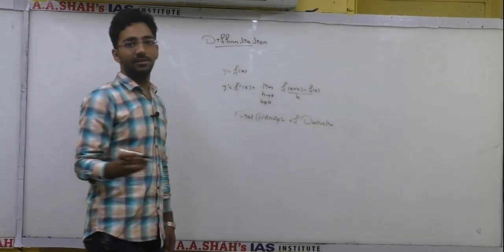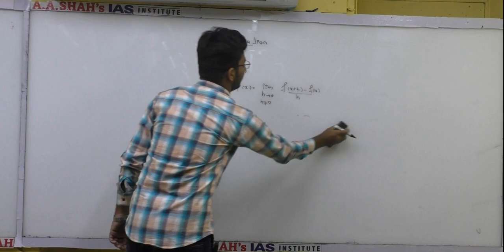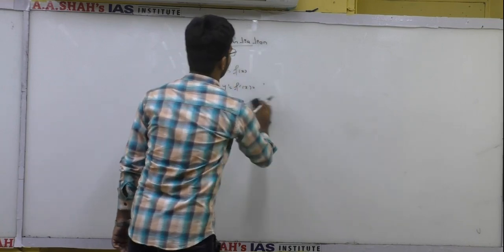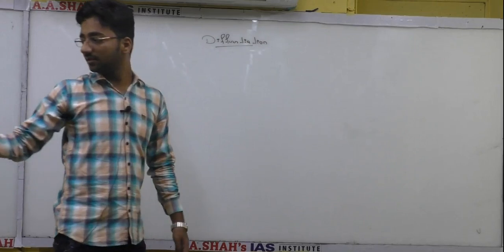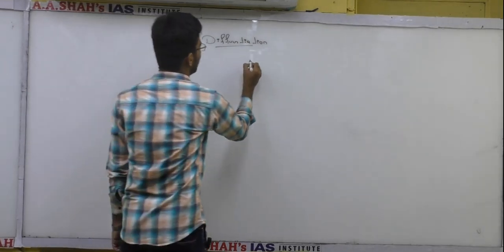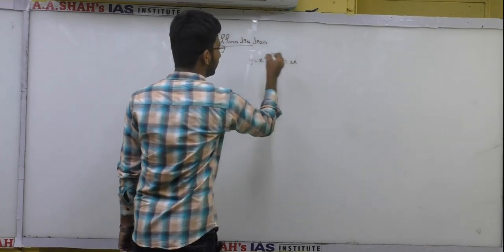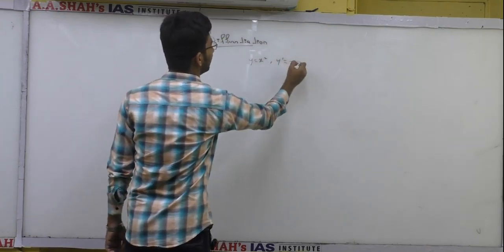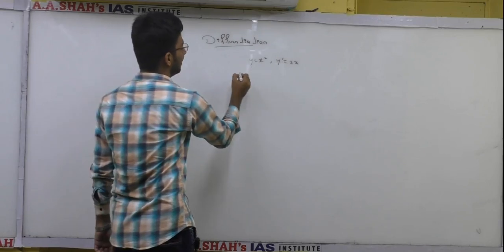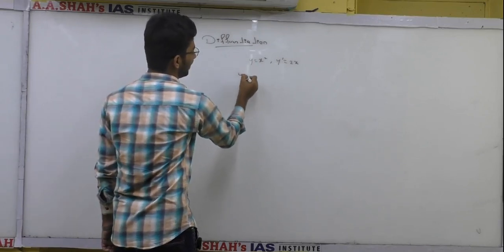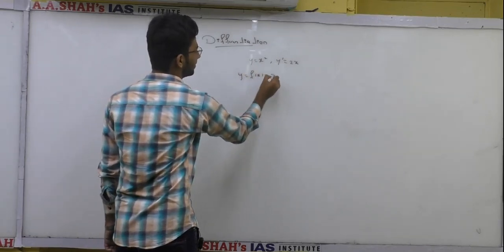If I do one example, without using any trigonometric functions, we have seen that if y equal to x square, then y dash is 2x. If I do this by first principle, so what I need first of all, this y is f(x), right? f(x) equal to x square.